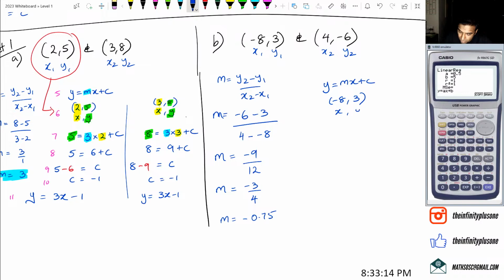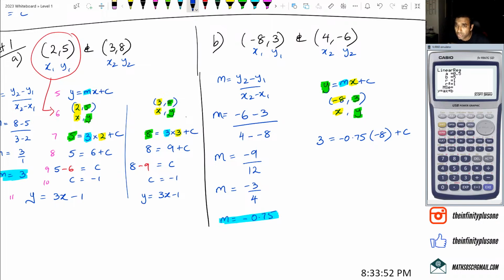So my x value is going to be -8 and my y value is going to be +3, and my gradient, which I calculated separately, is -0.75. So when I put this in, I get y is equal to 3, -0.75 times x, which is -8, plus c.